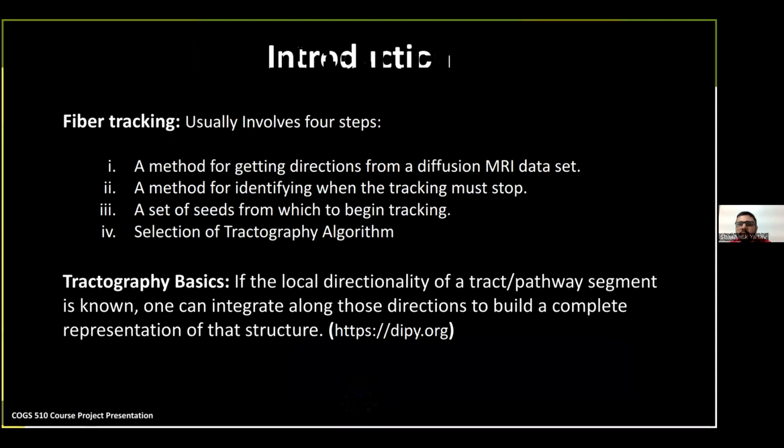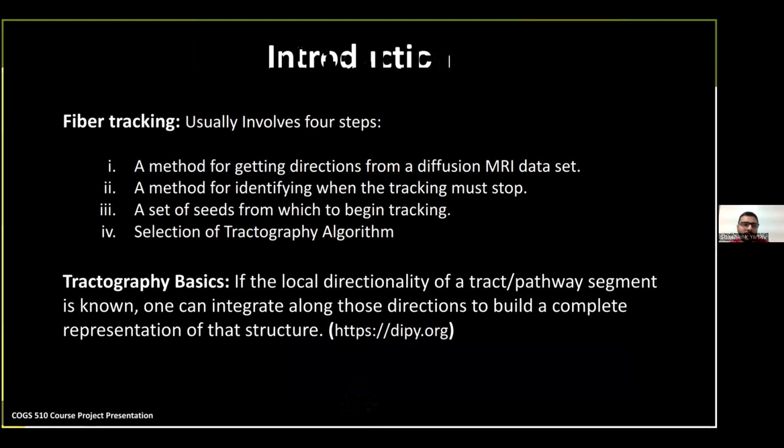Fiber tracking usually involves four steps. The first step is the method of getting directions from a diffusion MRI dataset, which is how you start the tracking and in which direction you want to go. The second one is, once you've started the tracking, how do you stop it?